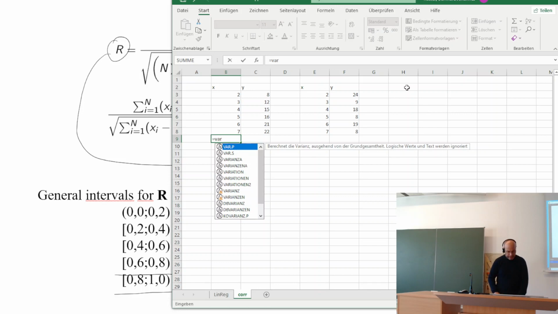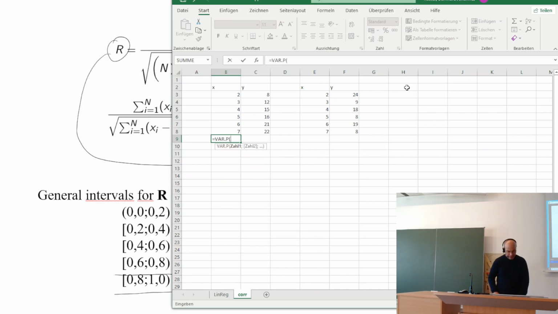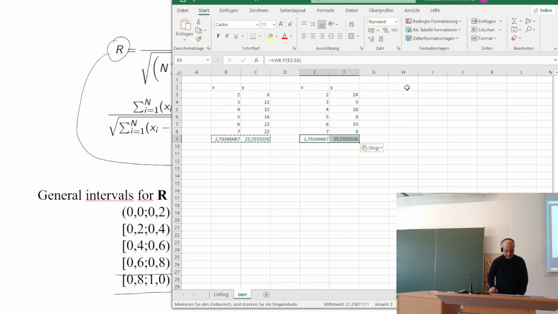So variance of X, variance of Y, and it doesn't matter which formula you need.